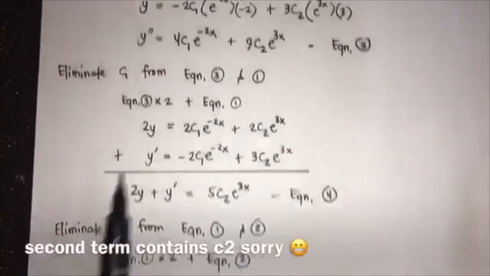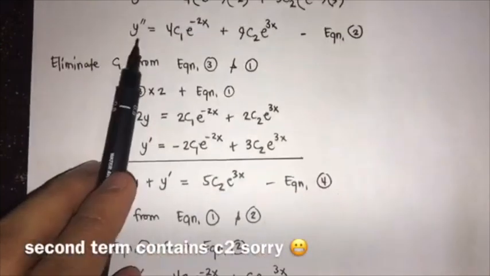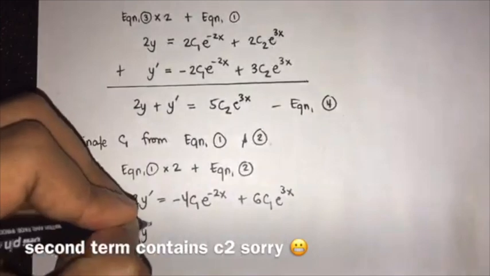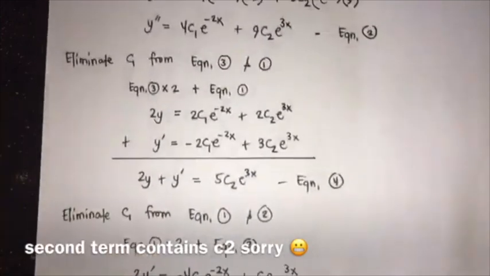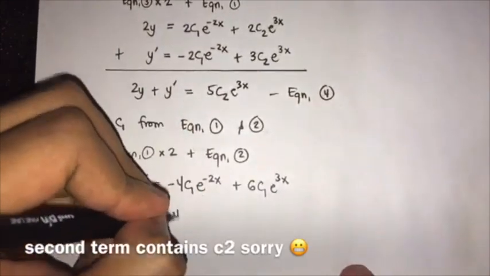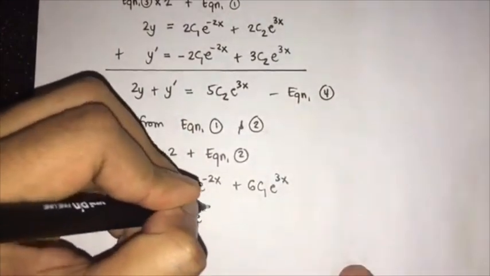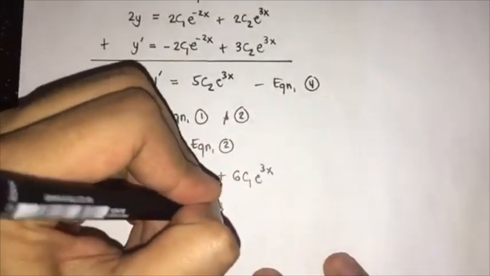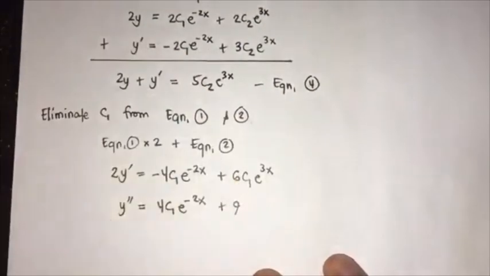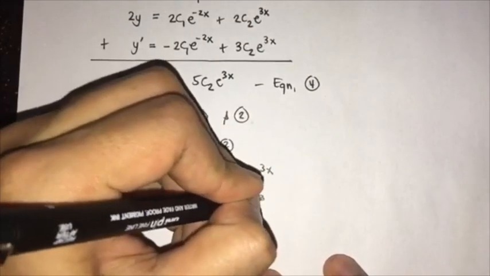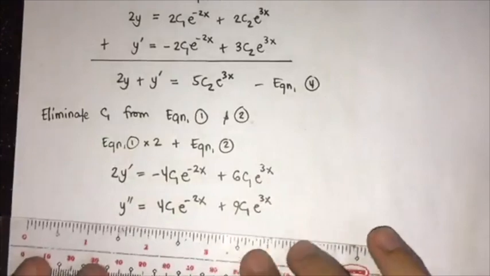Okay, and then we will add equation 2. Just copying equation 2, we have y double prime is equal to 4c1 e to the negative 2x, and then plus 9c2 e to the power of 3x.